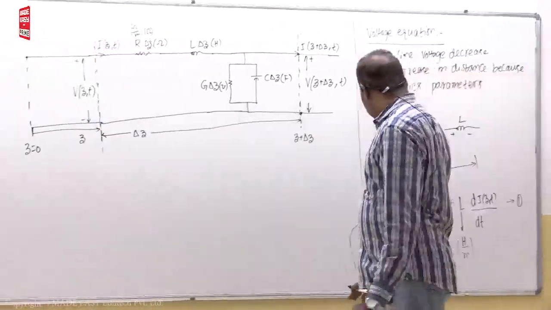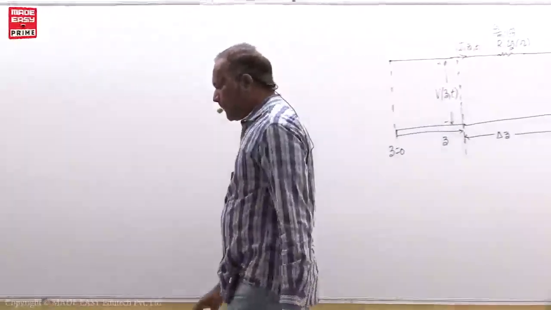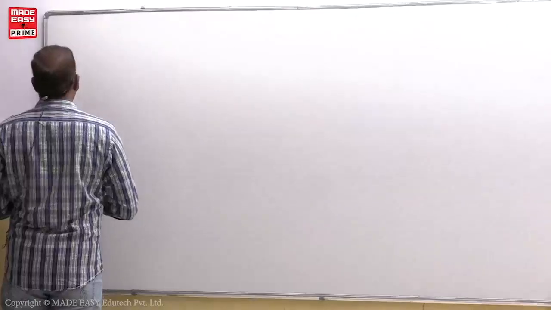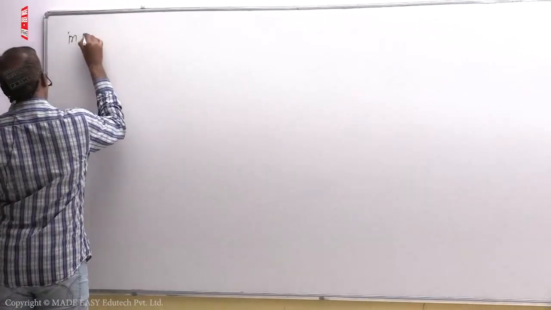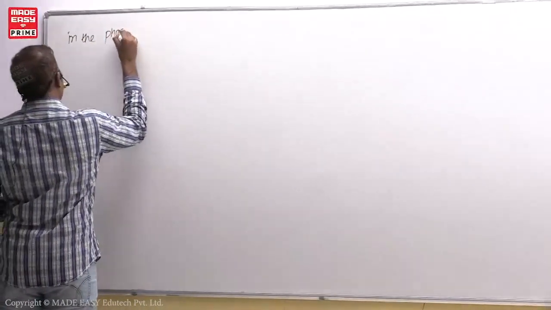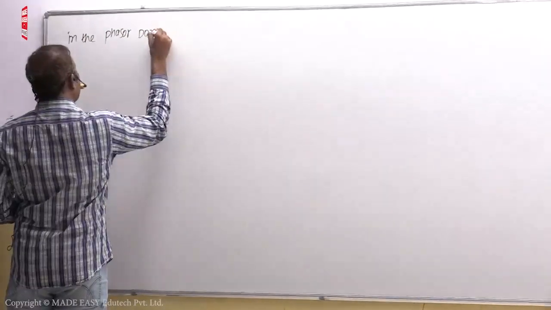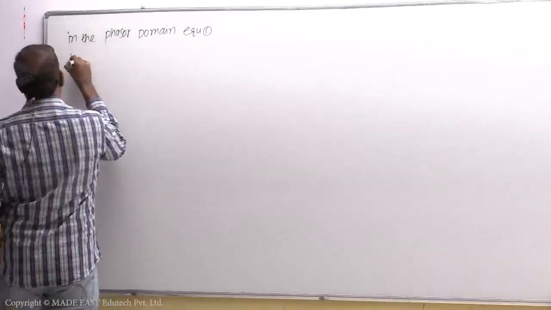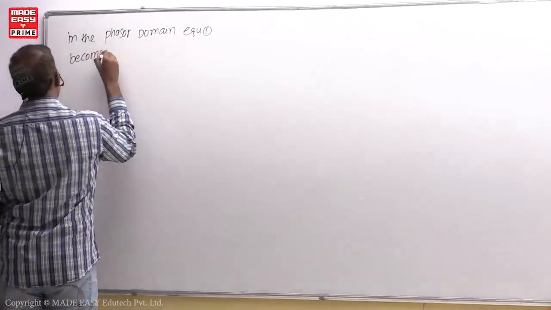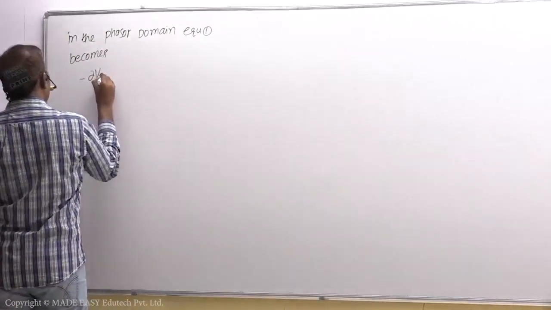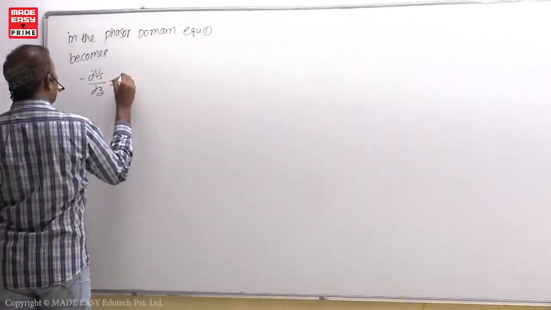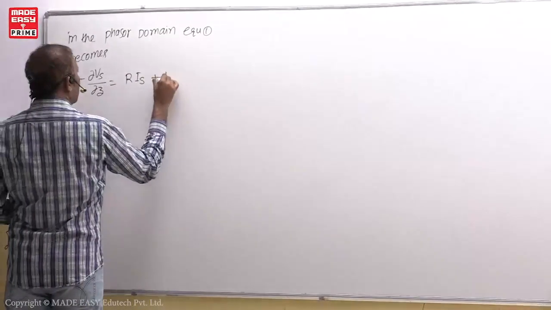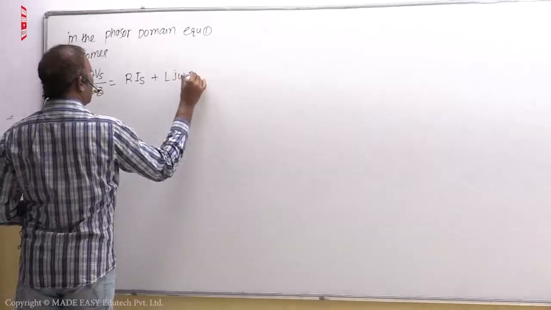So in the phasor domain, or otherwise steady state domain, equation 1 becomes minus dou Vs by dou z is equal to R into Is plus L into j omega into Is.